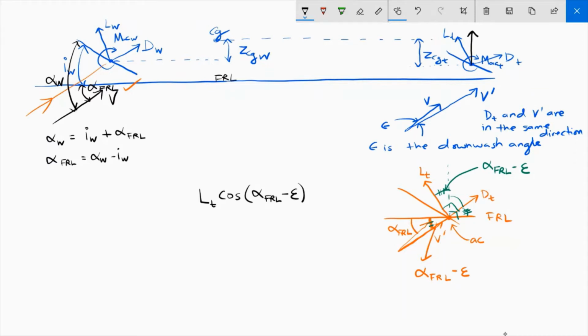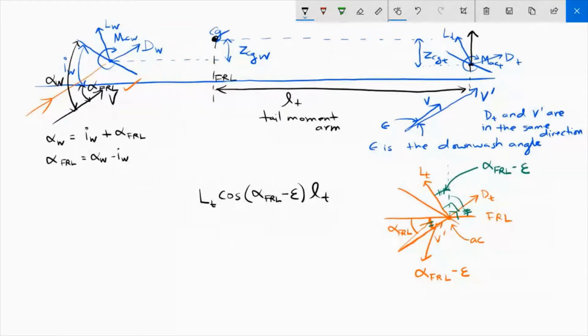And this distance between the center of gravity and the aerodynamic center of the tail is known as the tail moment arm, and we will label it as LT. This was also stated in our previous lecture. So this distance is LT. It's called the tail moment arm. So the force times the distance, LT, will give you the moment.